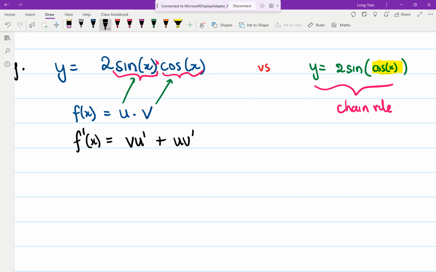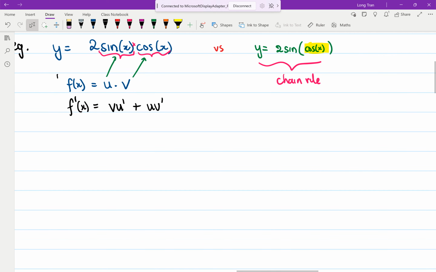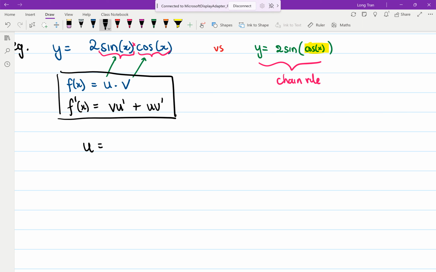That's what I want you to write down. Remember, it's vu first. So using our rule, let u equal 2 sine of x, because that's my first part of the function, and v equal cos of x.